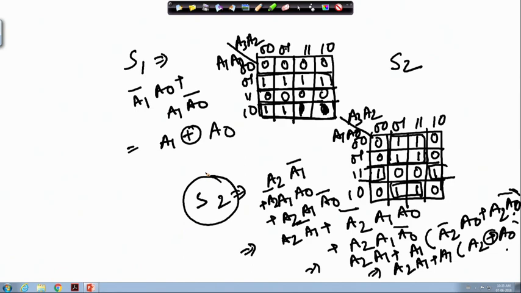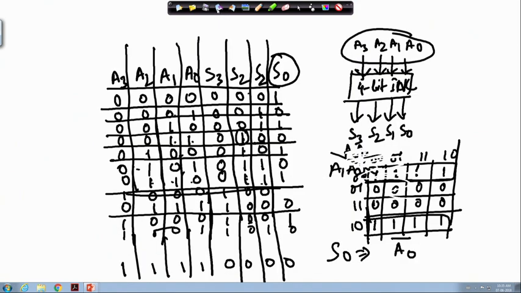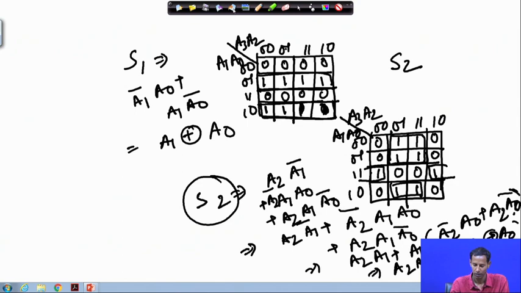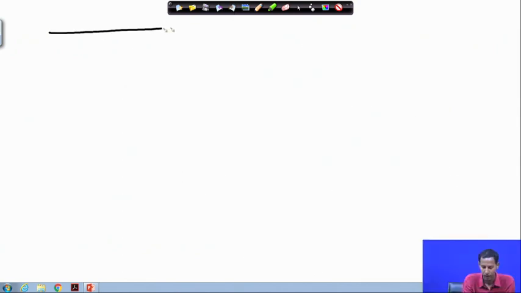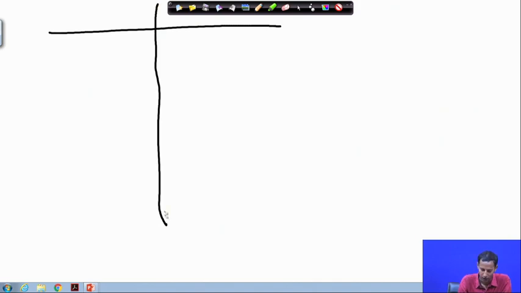Now, what I can see from the previous slide is the method which you have to follow whenever you are designing the particular circuit.